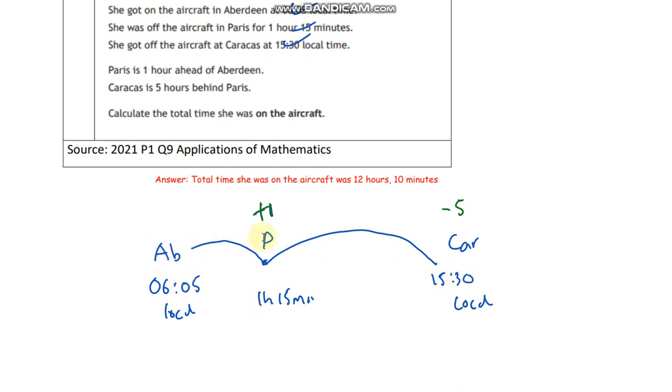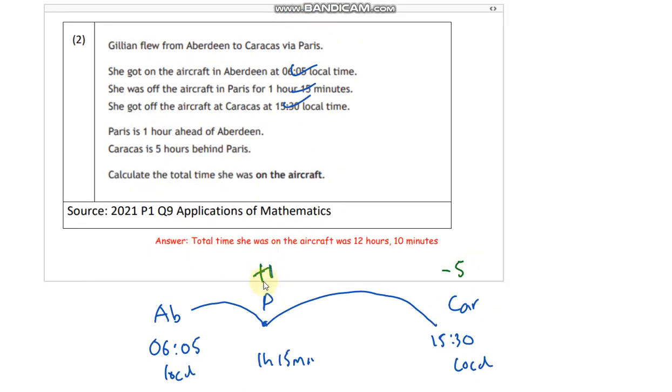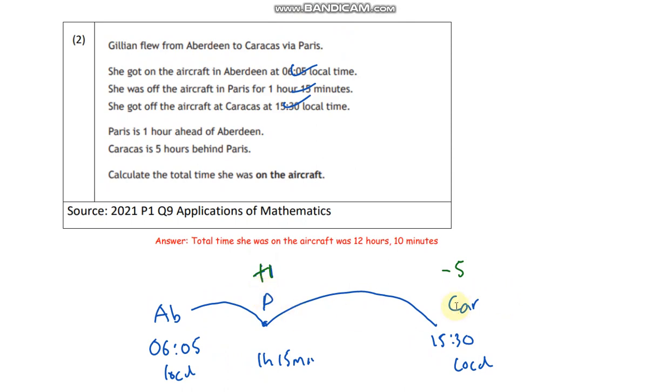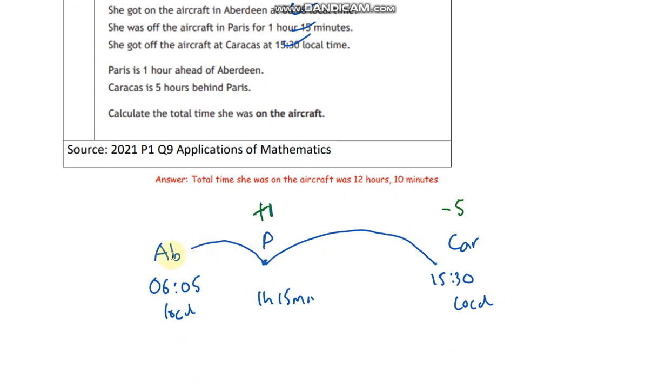Paris is 1 hour ahead of Aberdeen, and Caracas is 5 hours behind Paris. So that gives a net negative 4 hours. They're 4 hours behind Aberdeen.